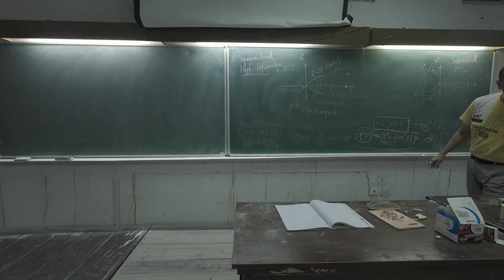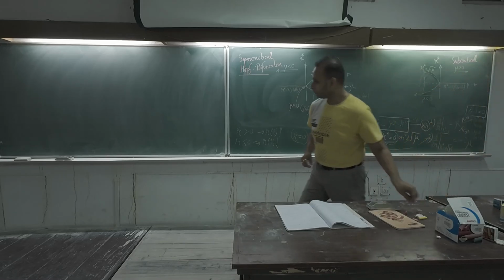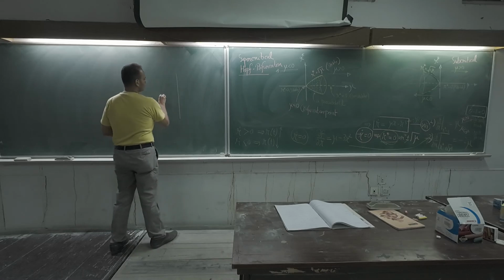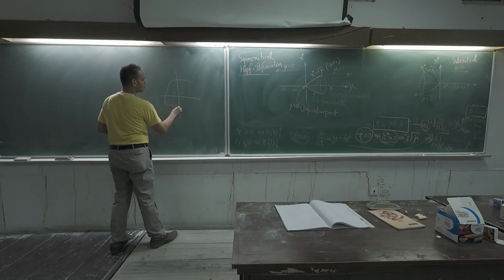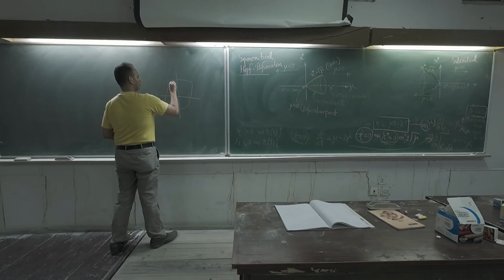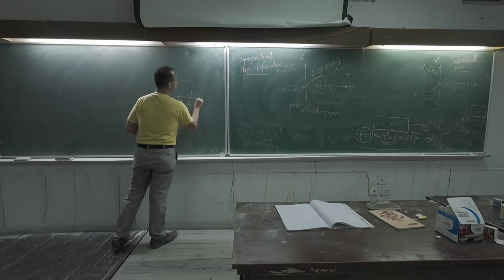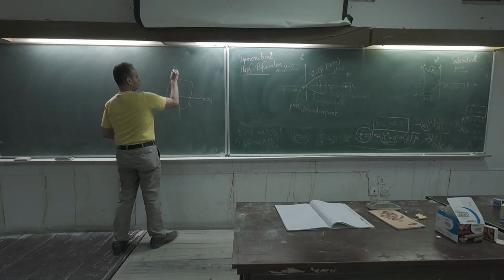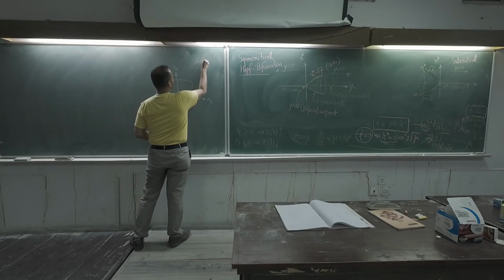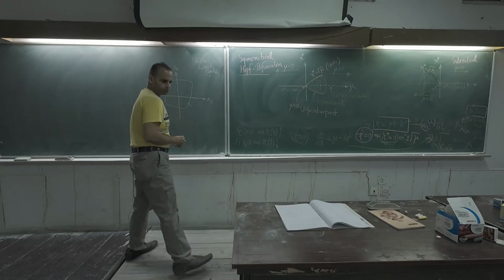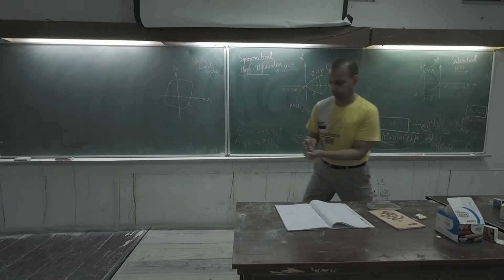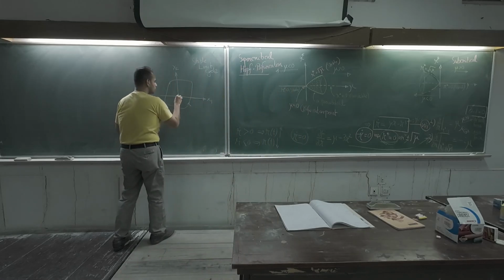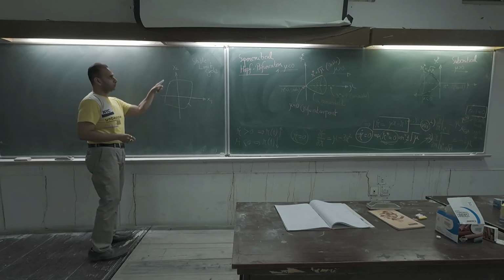And the other diagram which I was talking about. Suppose this is a stable limit cycle.